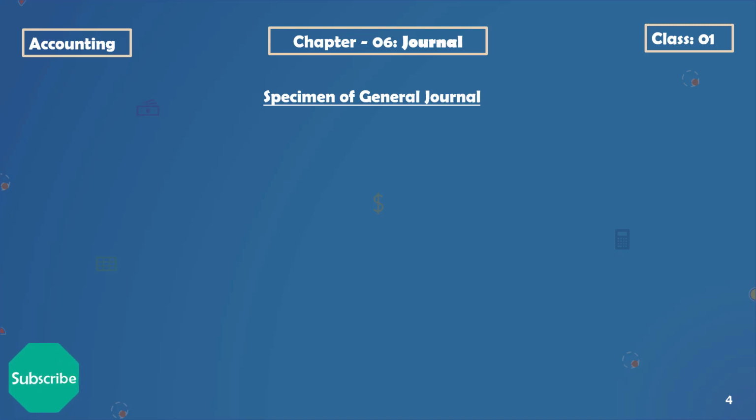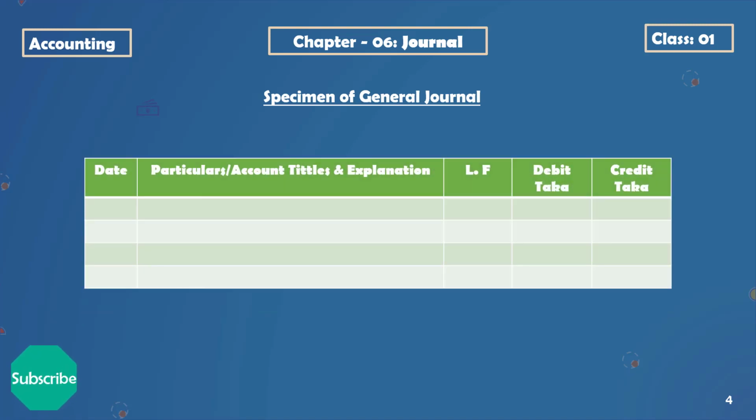Specimen of journal. So now we will see the specimen of journal where we will record our transactions to journalize them. So here is the specimen of journal. You can see that there are 5 columns: date, number 1; particulars, or account titles and explanation, number 2; ledger folio, 3; debit taka, column number 4; and credit taka, column number 5.